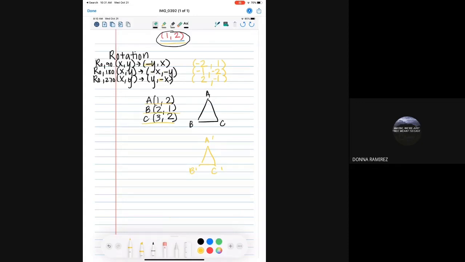And if we do that mapping rule to every single coordinate, well then we will find out where our image lands after a specific transformation. Okay.